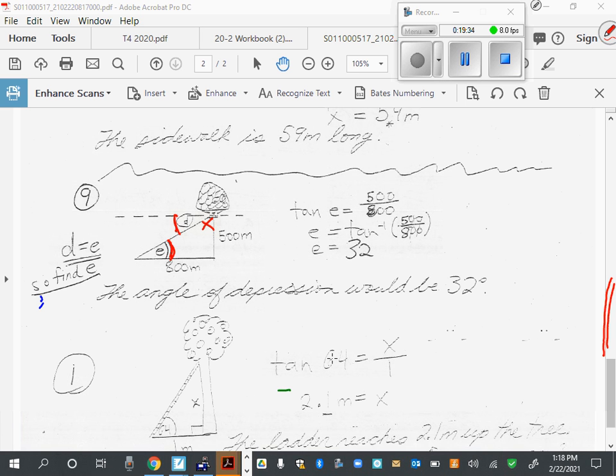It actually ends up being an equal alternate angle. But you don't need to know that. You just need to know that D equals E. So if I ask you what's the angle of depression, you find the angle of elevation, because it's way easier. There's other ways to do this, but this is going to be the easiest way. You find this, you have the opposite over adjacent. So inverse tan, man.